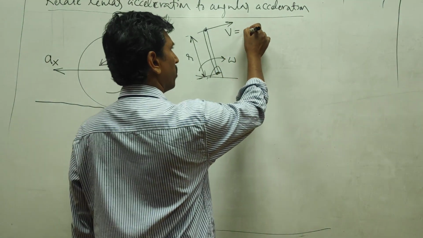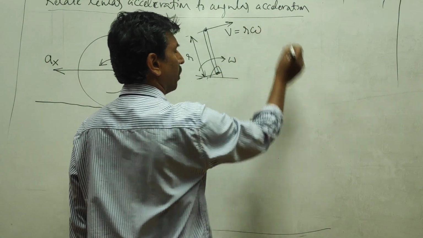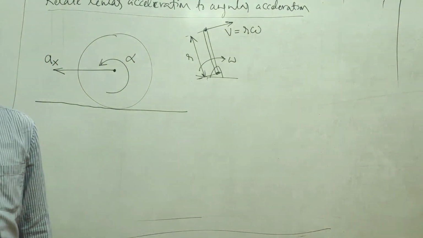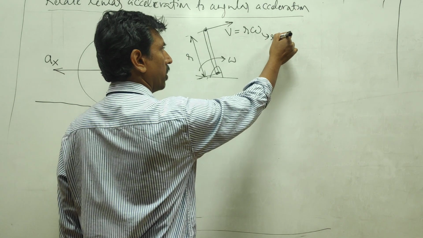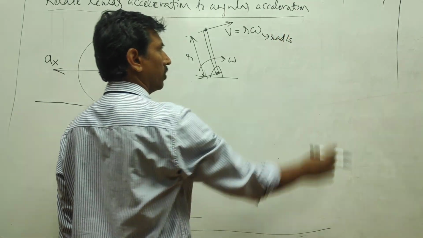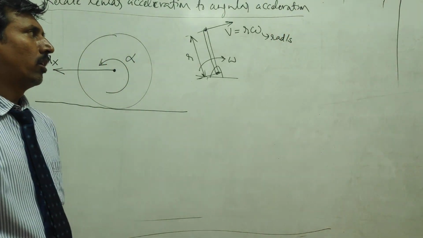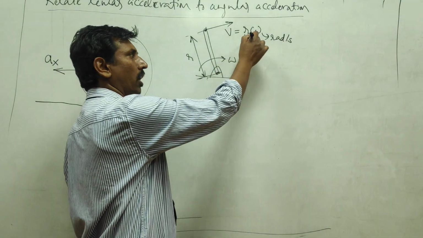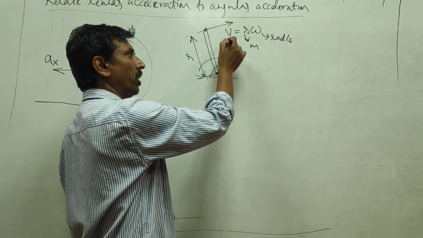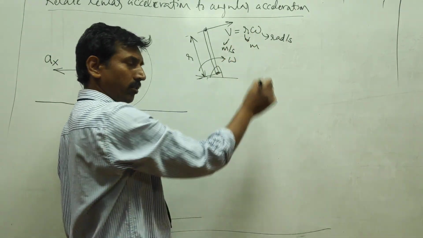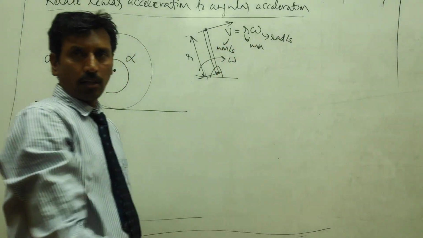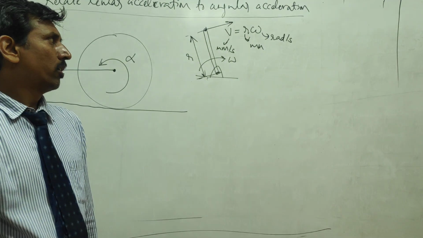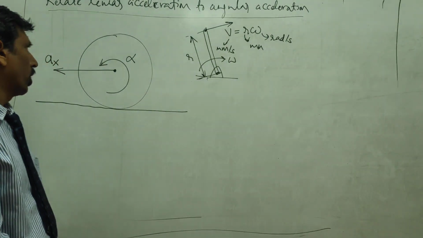So that means it is the product of radius multiplied by angular velocity. Of course, this angular velocity has to be in radians per second. And if you substitute this r in meters, you get the velocity in meters per second. If you substitute this in mm, then you get millimeters per second. Okay, so we know this equation v is equal to r omega.